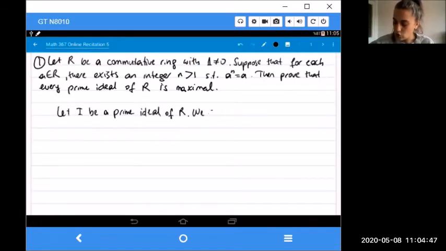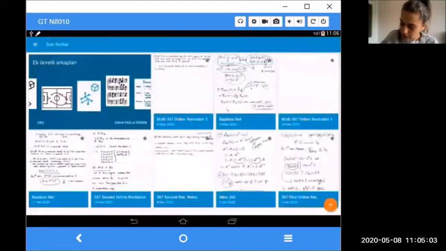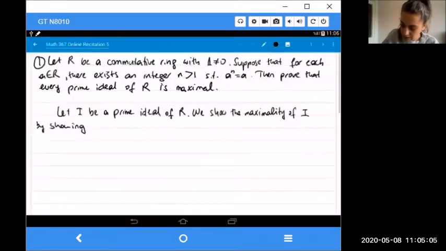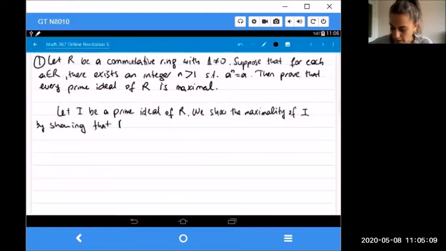We show the maximality of I by showing that R over I is a field. Okay?